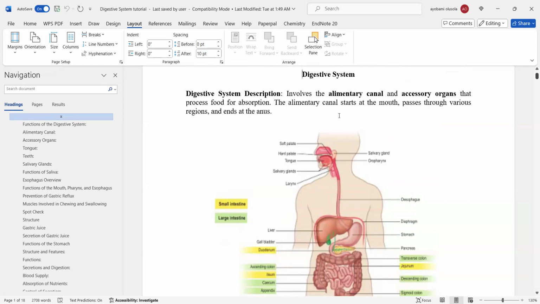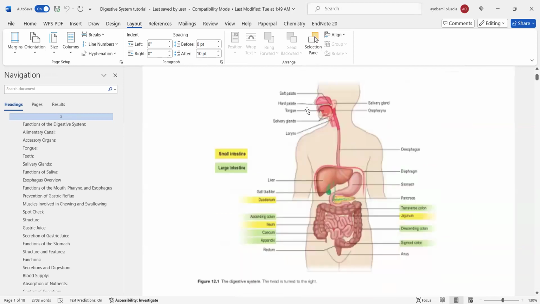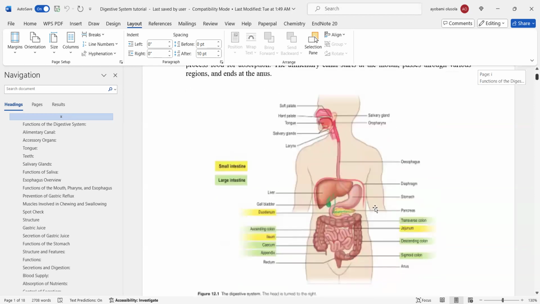So in this anatomical diagram, the alimentary canal starts from the mouth here, runs through the stomach to the small intestine, the large intestine, and the anus. So that's the alimentary canal. Then we now also have other accessory organs.